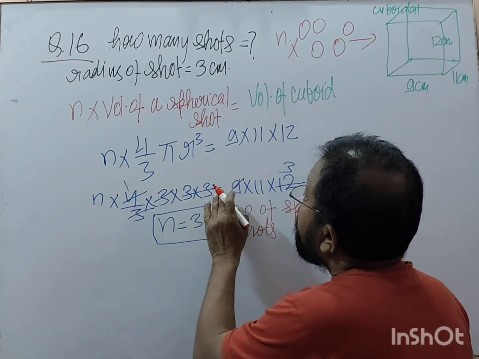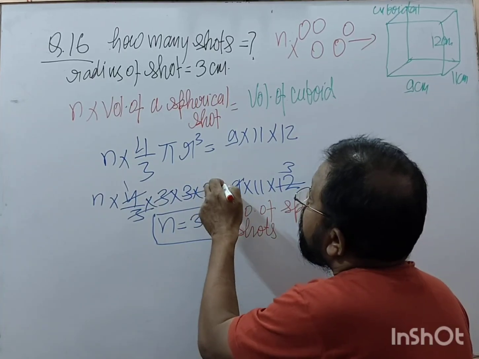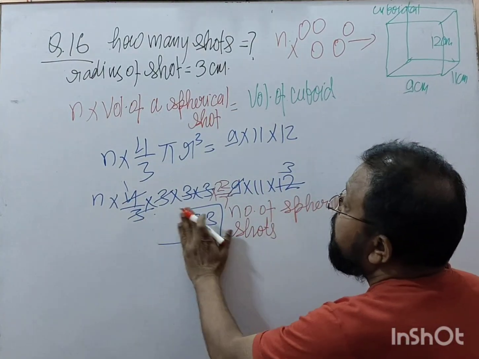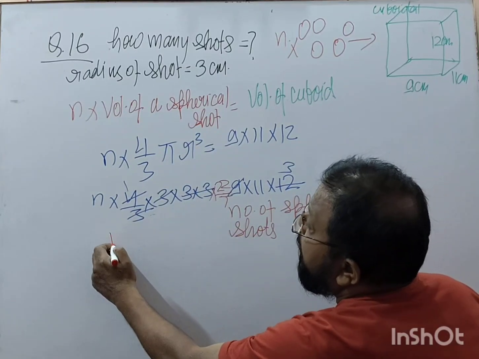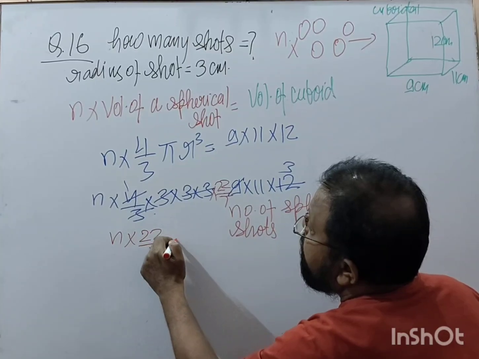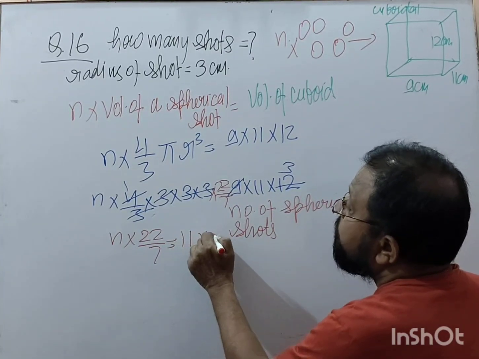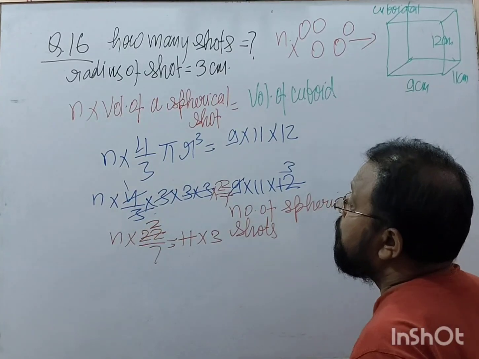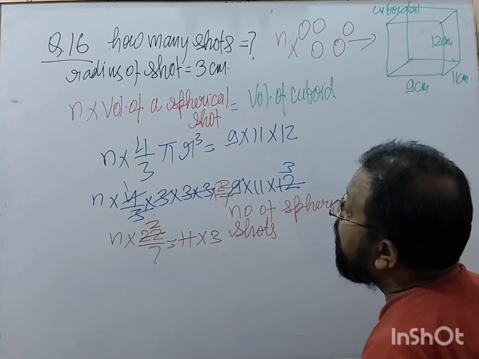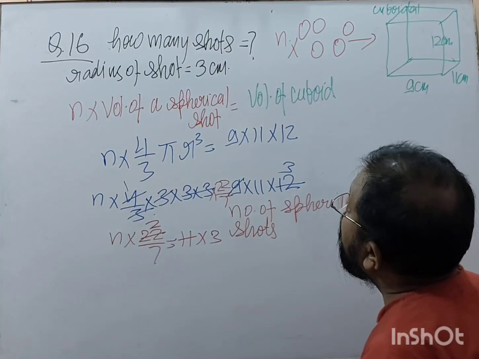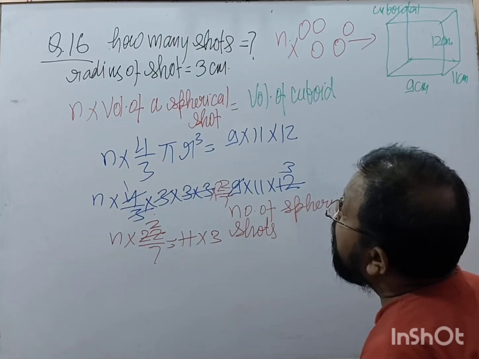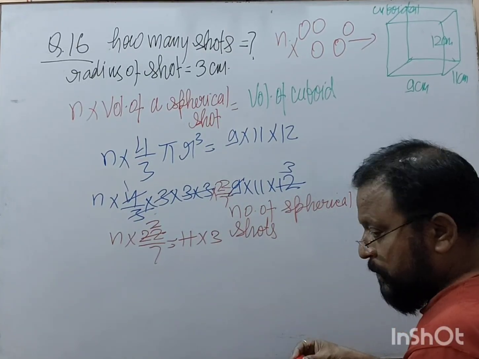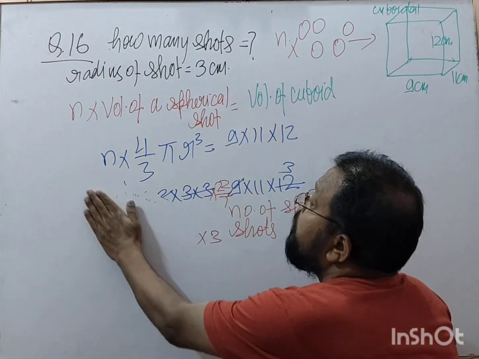I have not taken 22 by 7 here. So it is n into 22 by 7 is equal to 11 into 3. And I rub all this.